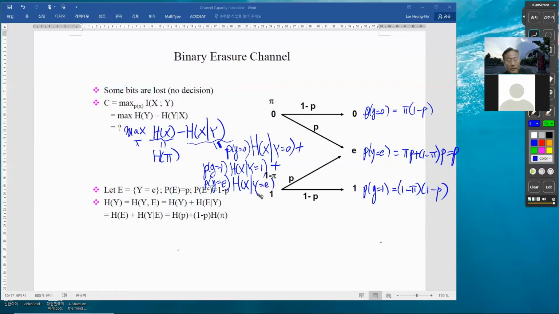So we need to add these 3. So let's figure out each entropy.